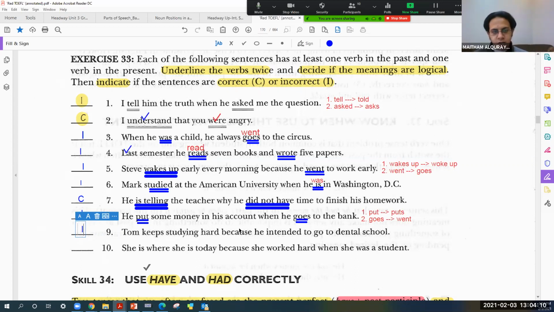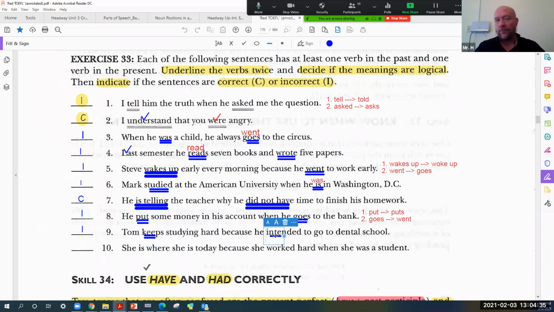Yes, me too. I think correct. This sentence is incorrect. If you say it is correct, you lose marks in the TOEFL. So where's the problem here? He keeps, what does it mean he keeps studying? Continues. He continues. Yes.